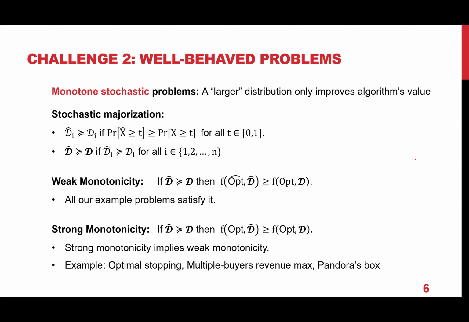So I'm saying look at the optimum algorithm for distribution d, and I'm running that same algorithm on a higher distribution. The performance of that algorithm should increase. Whereas before I was looking at the optimum algorithm for d hat, and its performance is increasing. Here I'm saying look at the optimum of this lower distribution, whatever that opt is, I'm going to run that on d hat. That performance should also increase. Does that make sense?